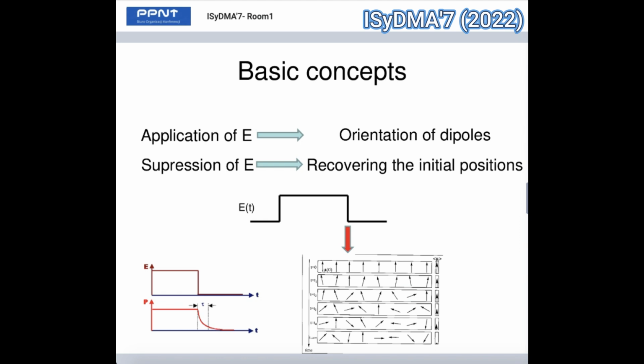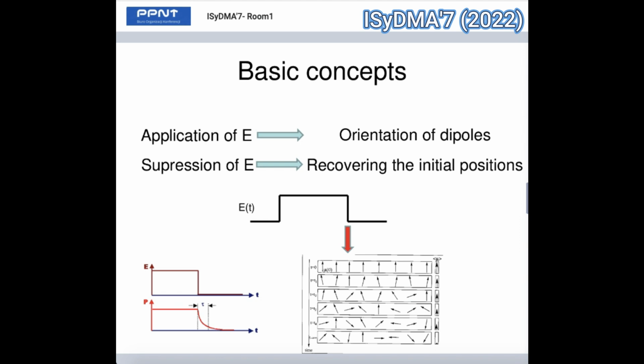Impedance spectroscopy is a technique that uses the frequency domain. But let's see what happens in the time domain. We can apply an electric field, and with this applied electric field, we can align the dipoles inside the sample.